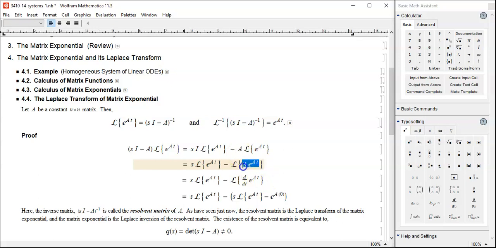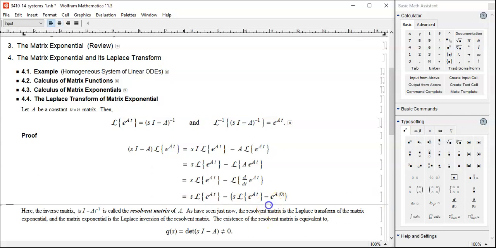Once you do that, this is the derivative. Now that we have the derivative, we can apply the input derivative formula because this is basically the Laplace transform of each entry. If you have a 3 by 3 matrix, then we have 9 entries. And at each entry we have the derivatives, and we have the input derivative formula. So it's the same deal here.